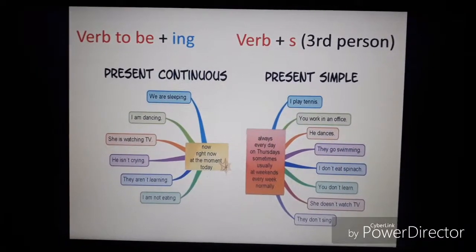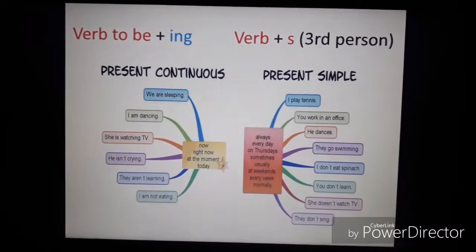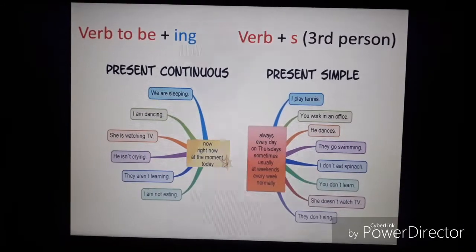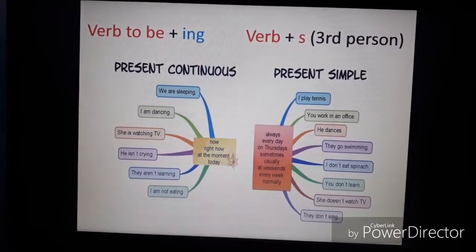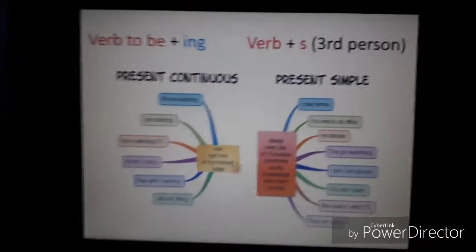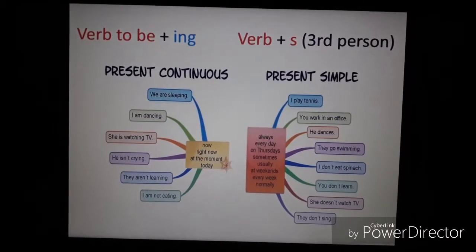We have some adverbs of frequency that help us to know that it is present simple. So we have always, every day, on Thursdays, sometimes, usually, at the weekends, every week, normally, maybe, often. Okay, so it's easy to identify which is which one.